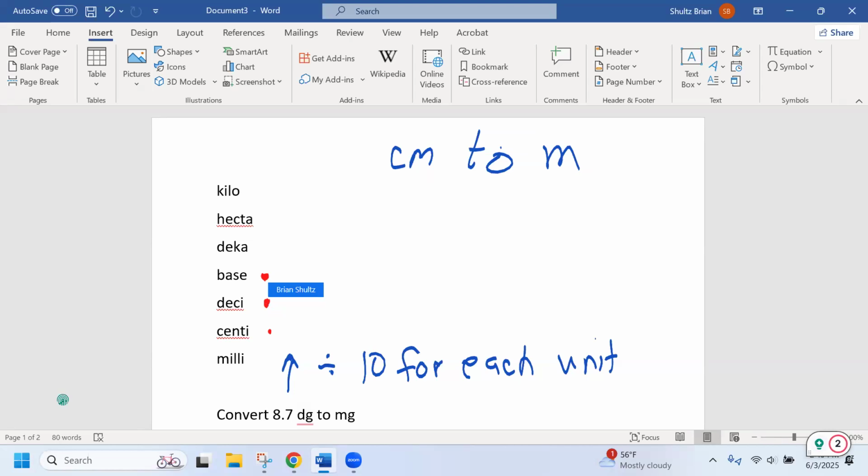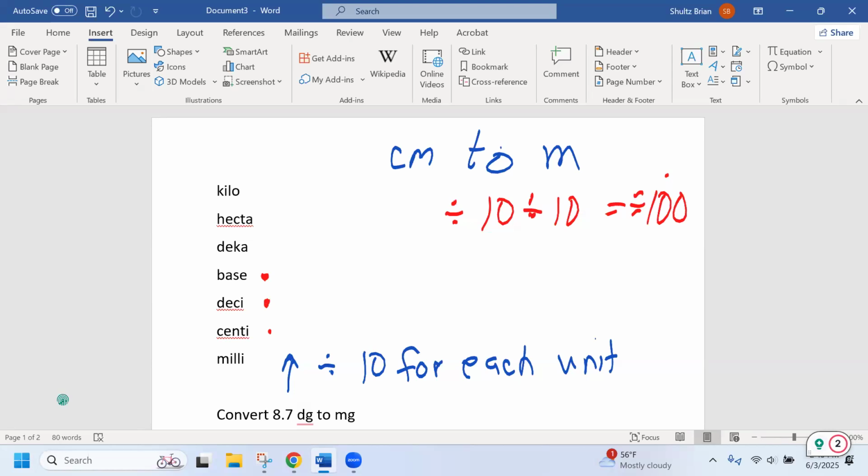So I'm going to multiply by 10, by 10, or 100 to change from centimeters. Sorry, I'm dividing. That was dumb of me. I'm so sorry. So this should not say times. I am actually going to divide by 10 twice. So I'm dividing by 100.